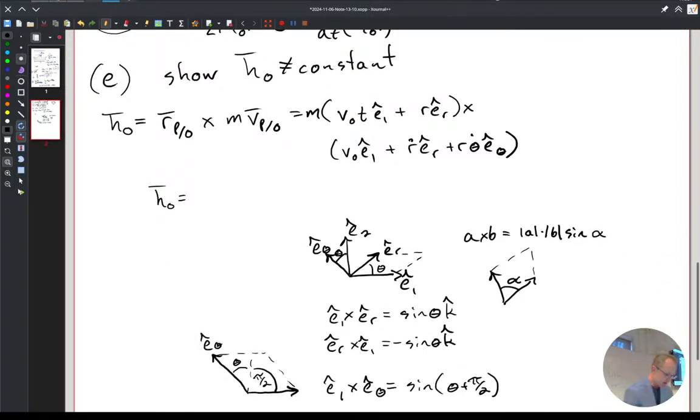We could write out here: e1 and e1, m e0t r dot e1 cross e_r, it's going to be sine theta in that k, plus m e0t e1 r theta dot e1 e_theta is going to be cosine theta k.